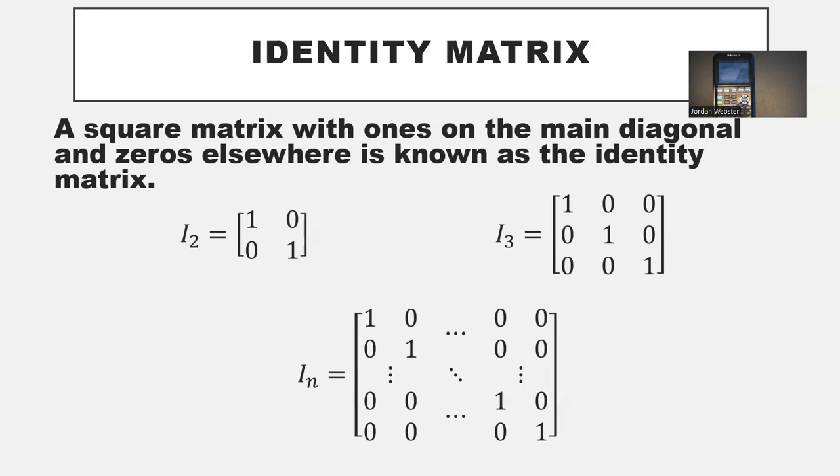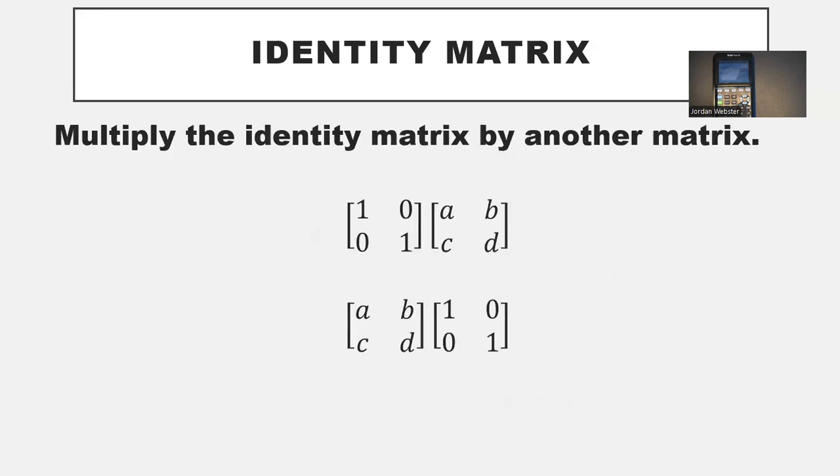So they just write the letter I. So identity matrix denoted as I, or I with a subscript. 1's on the diagonal, 0 everywhere else. The reason it's called the identity matrix is because if we multiply it by any square matrix, we're going to get that square matrix back.